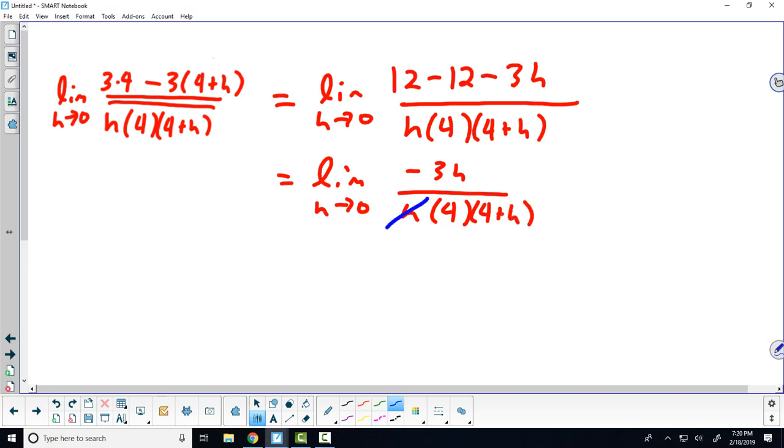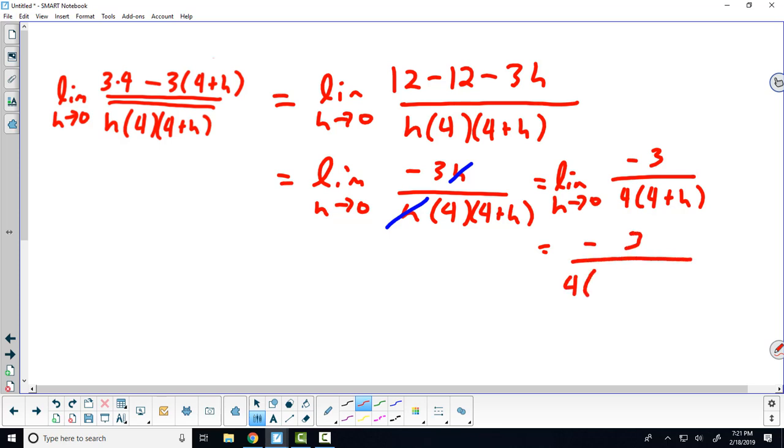At long last, we can cancel out the factors that were preventing us from doing direct substitution. So I'm left with minus 3 over 4 times 4 plus h, and now I can actually do that direct substitution. So I get 4 times 4 plus 0, which gives me negative 3/16.